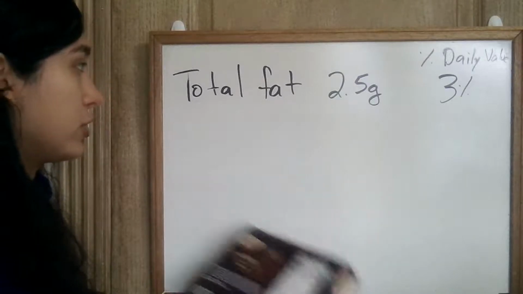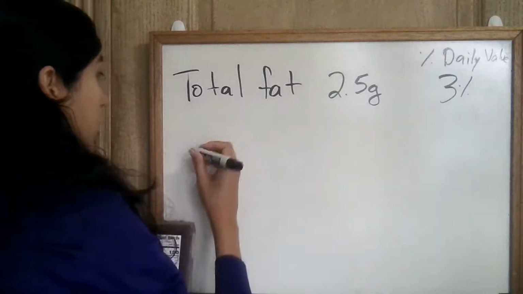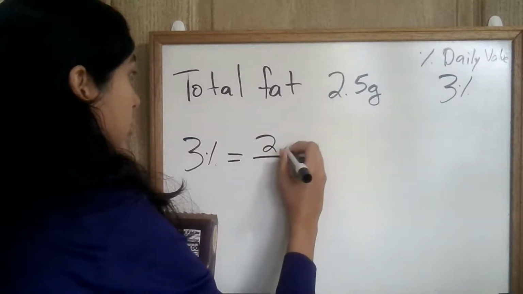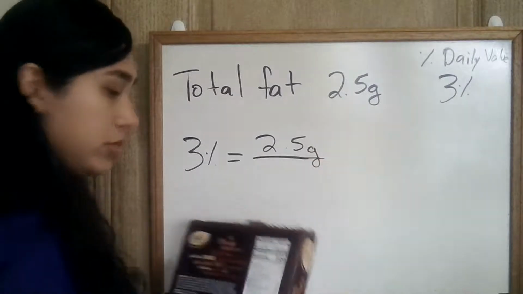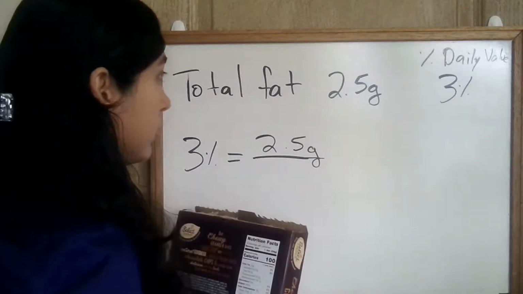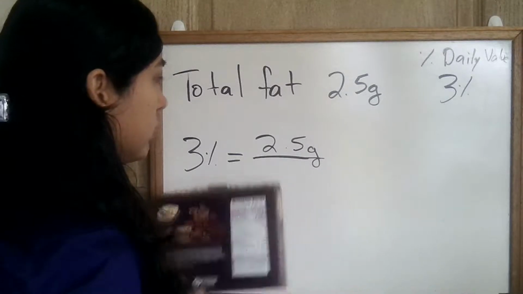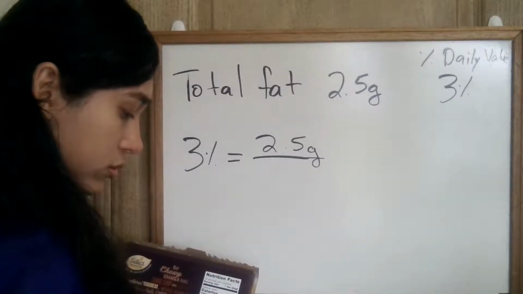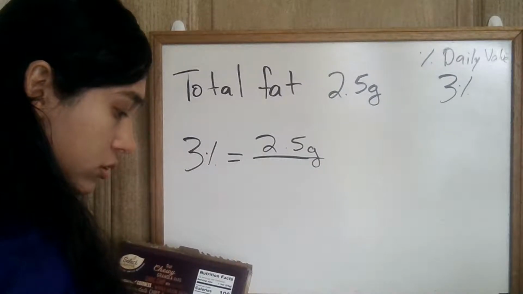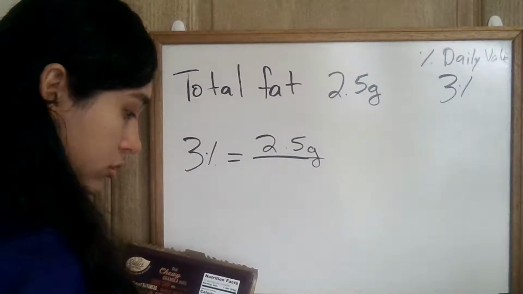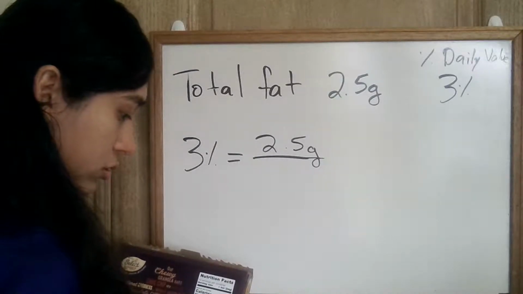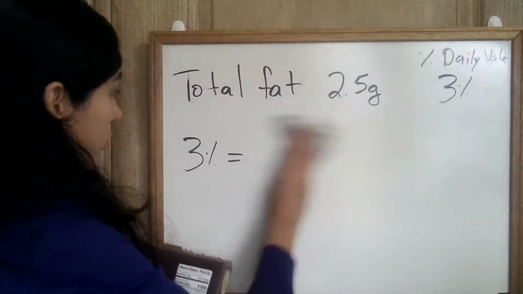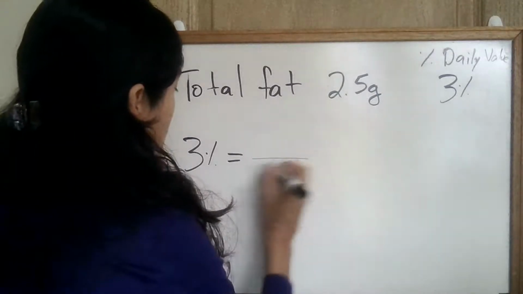So they actually give us all of our information. We know that our rate, 3%, is 2.5 grams out of, let me check the math here, saying that we got 2,000 calories.